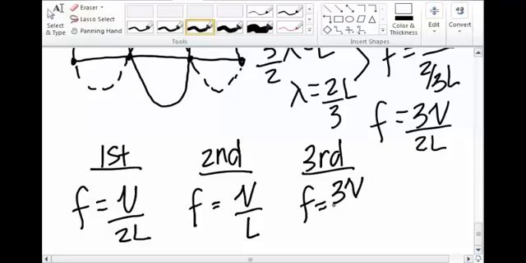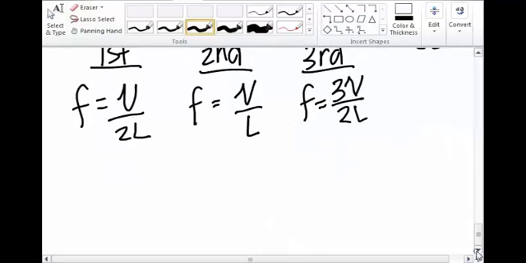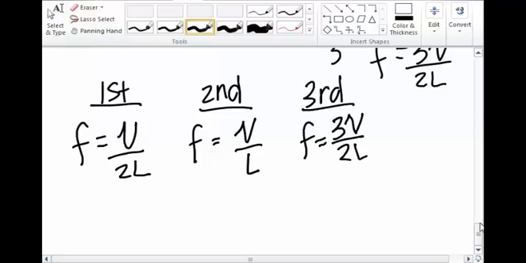Do you notice anything similar about any of those 3 equations? Particularly the first and the third? 2L. They both have a 2L on the bottom. So what if I were to add in a 2 here and a 2 here? That didn't really change the equation because 2 over 2 is still 1, which is still V over L. But now do all of these equations look more alike? Yeah. And what if I put a 1 here?